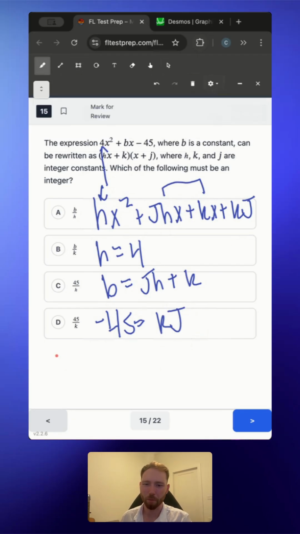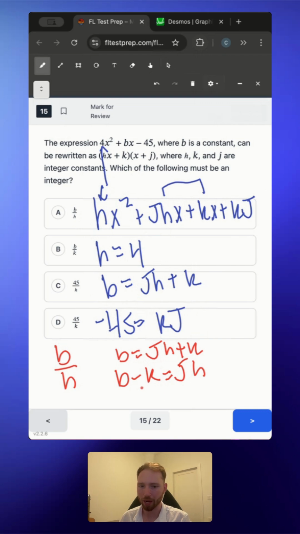Well, if I'm looking for b over h, how would that occur? So the only way where b and h interact is, well, I know b equals jh plus k. How can I get b divided by h? Well, I'd have to move this k over, then I get b minus k equals jh, and then I would have to divide it by h again, and it would be pretty convoluted.